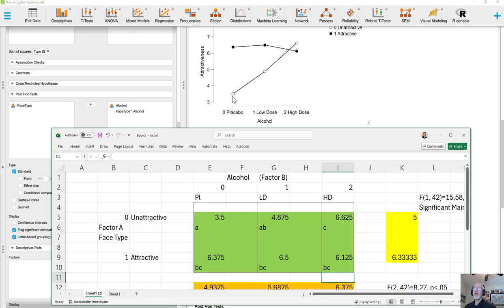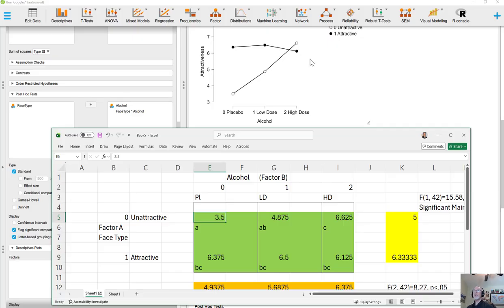And then we have for the placebo, it's an A, so it's significantly different than all of these four means up here. It's not significantly different than this one, the 4.875. Both of these, the placebo and the low dose, are significantly different than this.